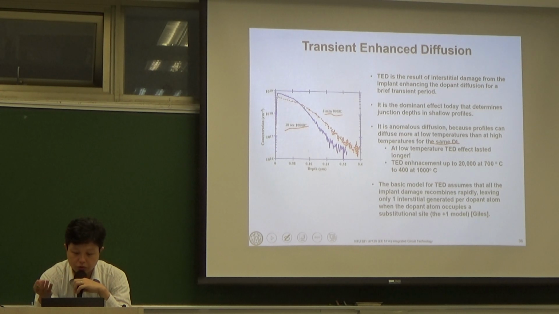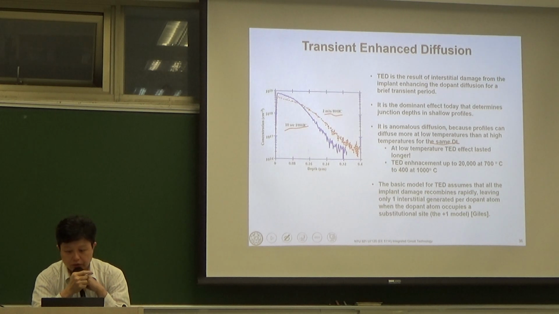When we increase the temperature during annealing, those defects recombine quickly. But for lower temperature, the recombination rate is slower, so those defects can exist longer. They can combine with the dopant and form new species and move together. So that's the enhanced diffusion caused by this interstitial defect.